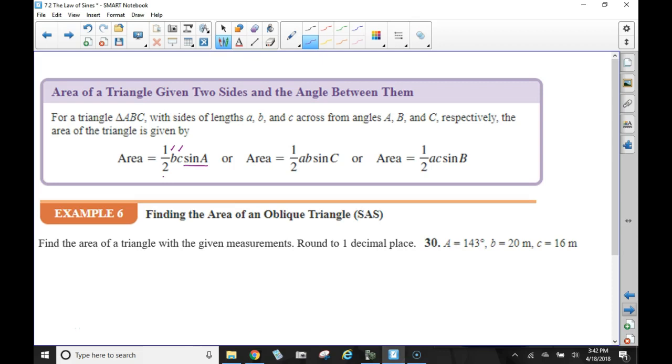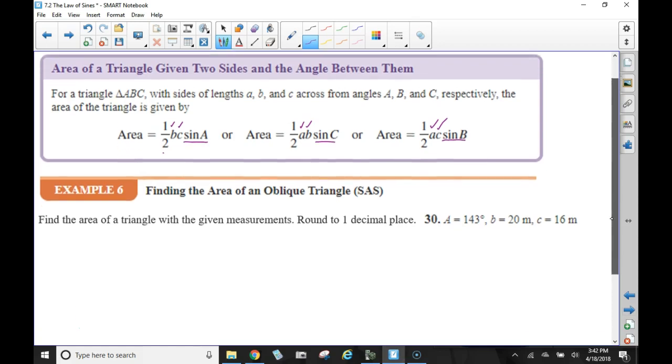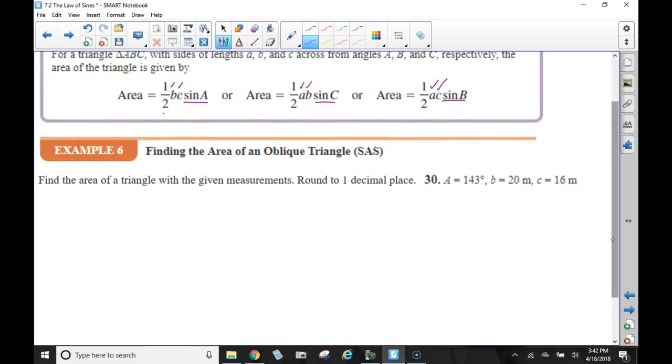Another way to look at it is 1/2 the given side times the given side times the sine of the angle between the two. Same thing here on this side. 1/2 times the given side times the given side times the sine of the angle between those two. So on this one, we're going to be finding the area of the triangle ABC.